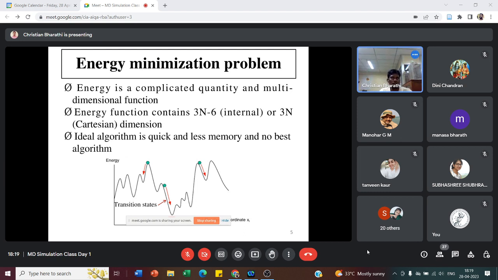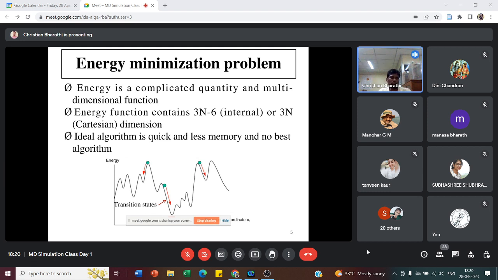It is difficult to calculate, but there are many algorithms. They calculate the energy by reducing so many things, and we have the molecule, and its energy has to be minimized.